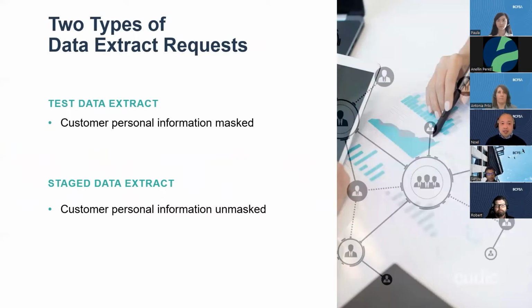There will be 2 data extract formats that will be requested, one with masked data and one without. Test data extracts will contain masked personal identifiable information, such as name and address.